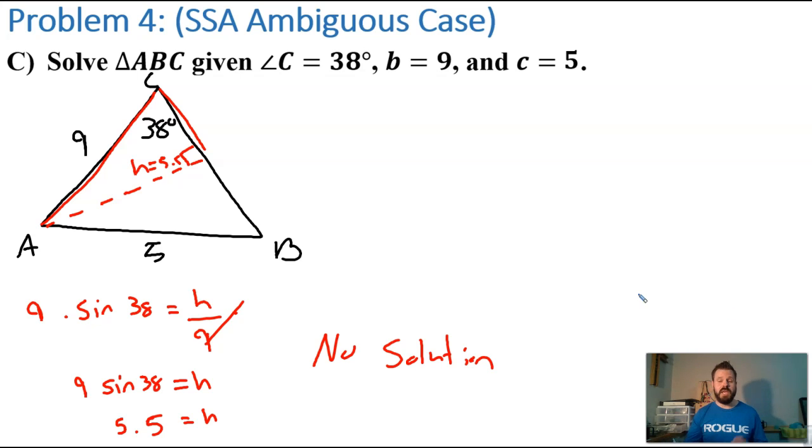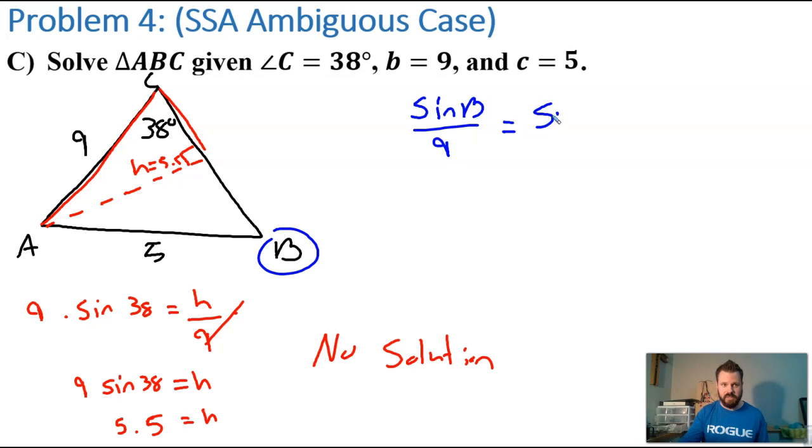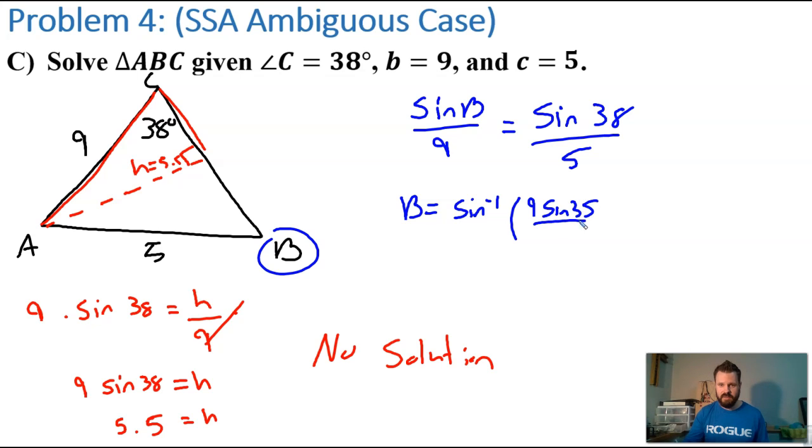Now, the nice part about this one is if a triangle doesn't work, I won't be able to get going with it. Let's say I tried to solve for angle B here and set up sine of big B over 9 is equal to sine 38 over 5. Big B would be equal to the sine inverse of 9 sine 38 over 5.